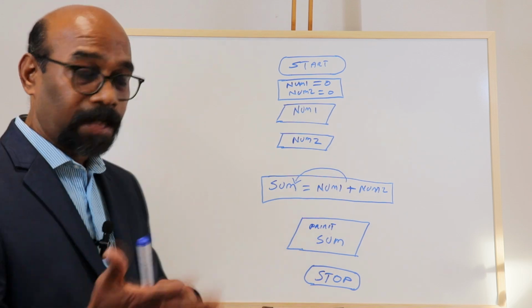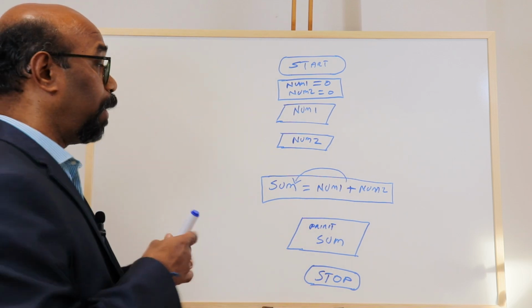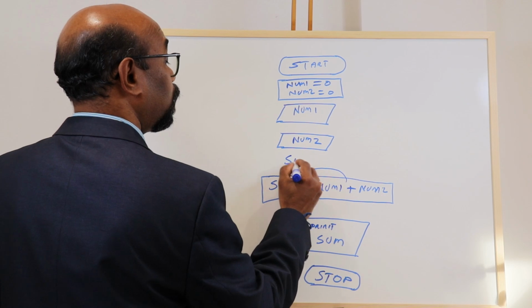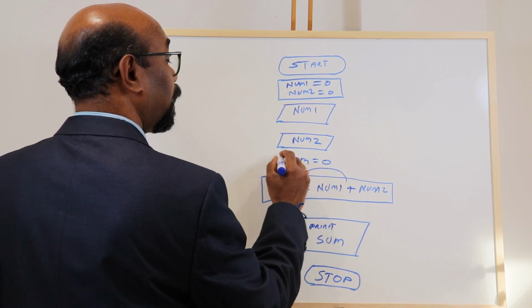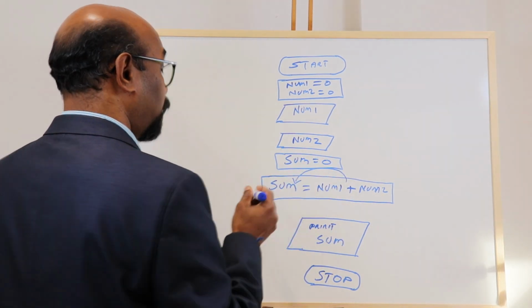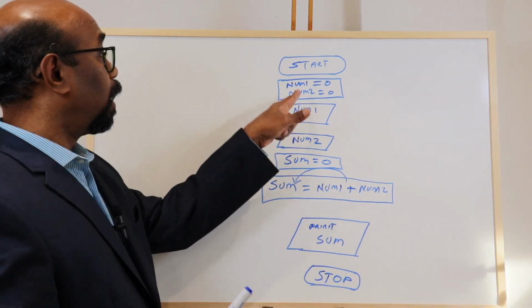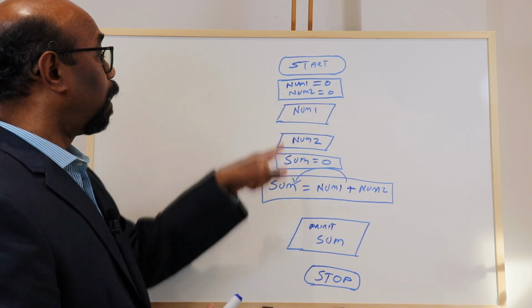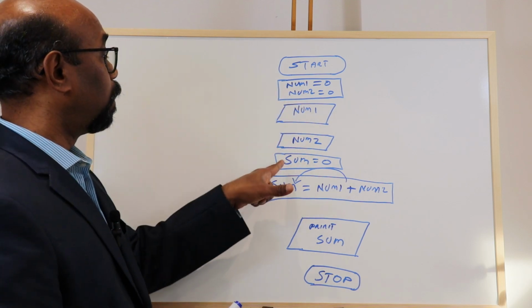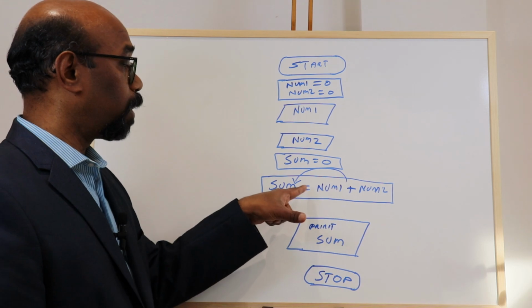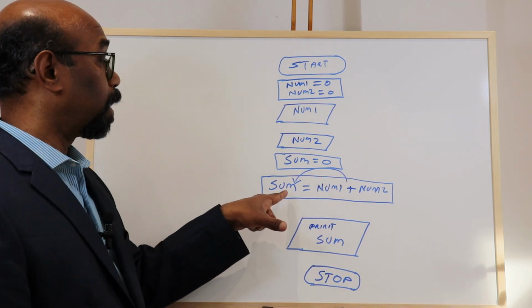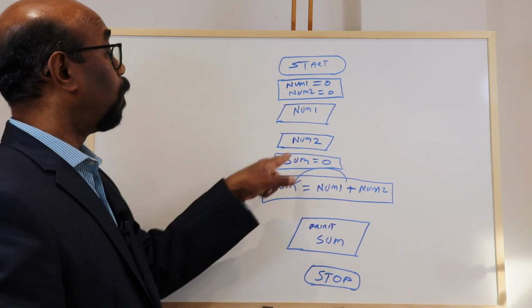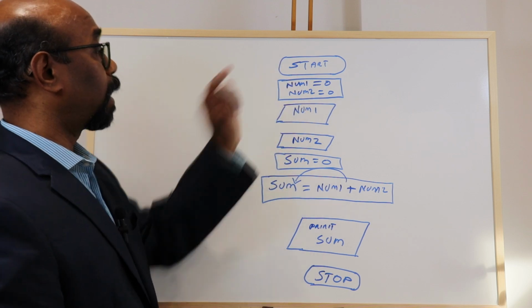Again, as a best practice, you initiate this value, which is sum equal to 0. That initial value is also 0. As you can see, all the value assignment is using rectangle. Even for the calculation or computation, we use rectangle. For value assignment, we use rectangle.